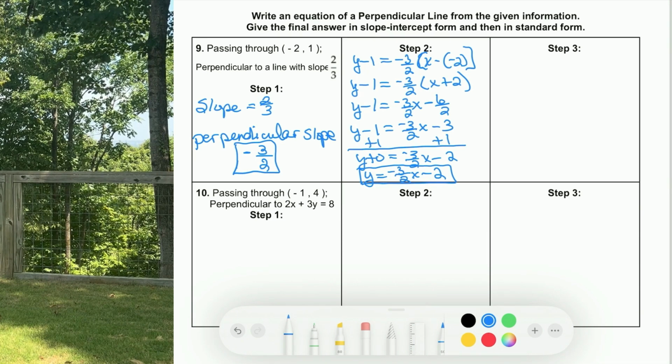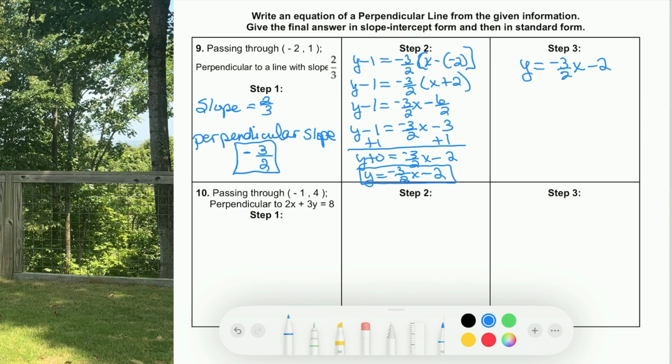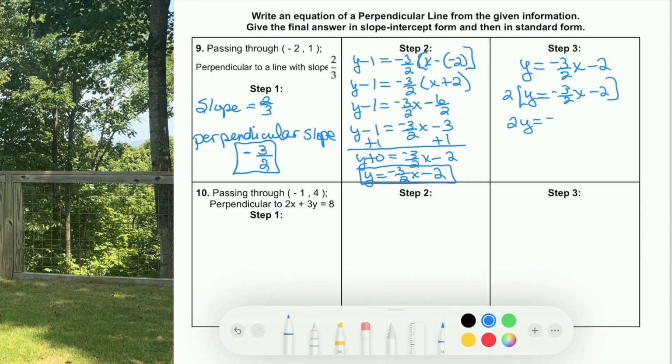Step 3 is to take that and change it into standard form. All right, I have a fraction, so I need to multiply everything by that 2 to get rid of it. So I end up with 2y equals negative 6/2 x minus 4.